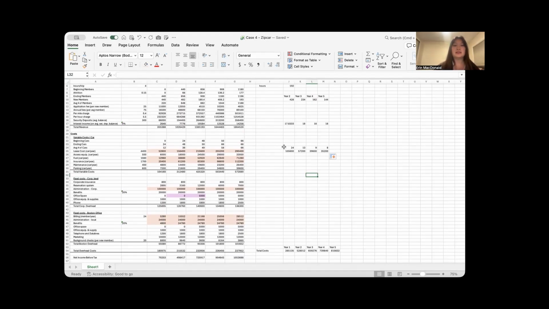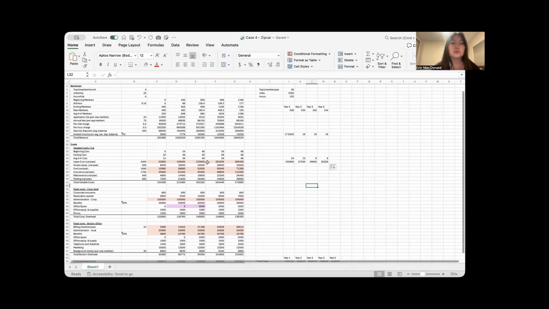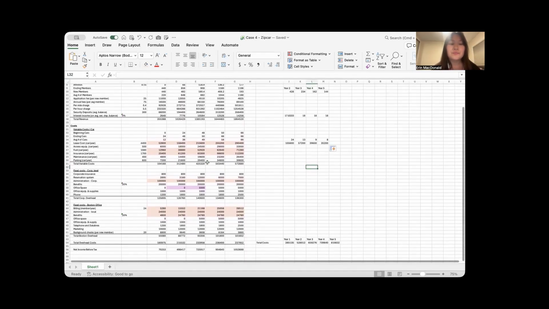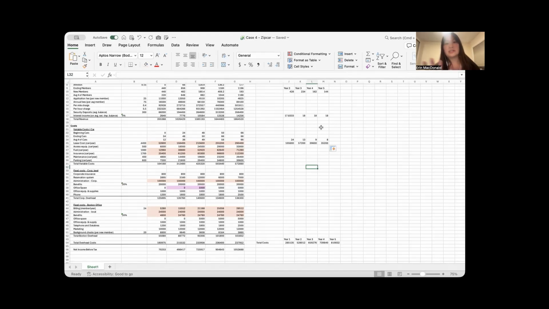And that's why there is the largest jump in all of these costs between years 1 and 2. And then throughout the other years, as this stabilizes or decreases, you can see these are increasing at slower rates, and it's all scaled to that ratio of 18 new members to one new car.